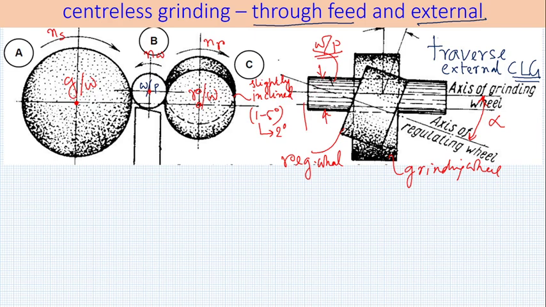Because the feature length of the workpiece is much longer than the width of the grinding wheel, there has to be a motion of the workpiece in this direction. So where are we going to get that motion from? Now, drawing this is going to be tricky, so please give me some time.